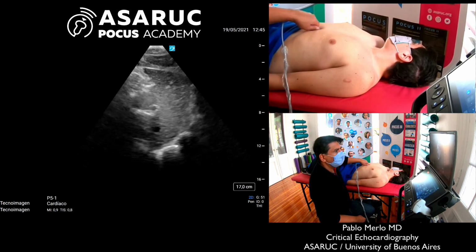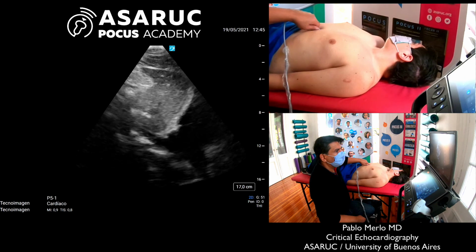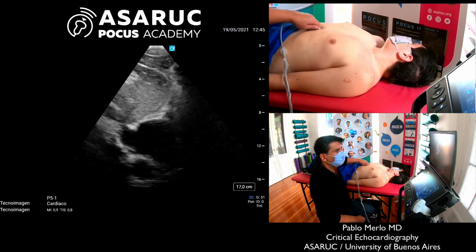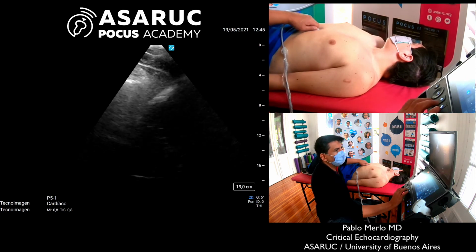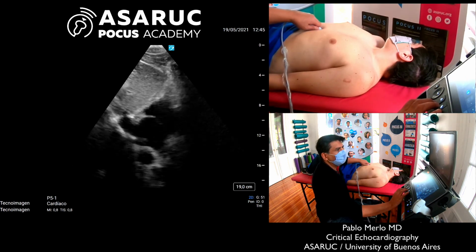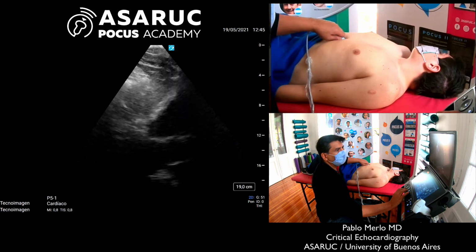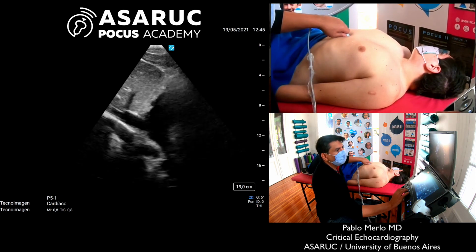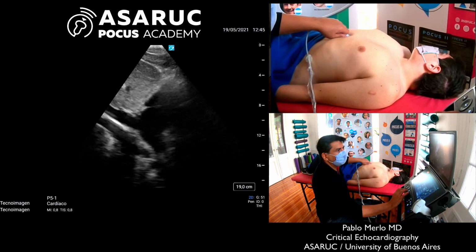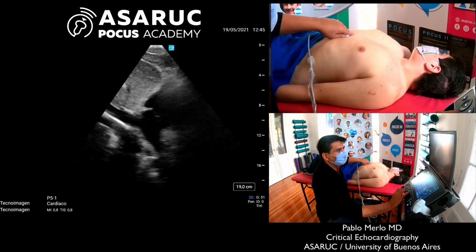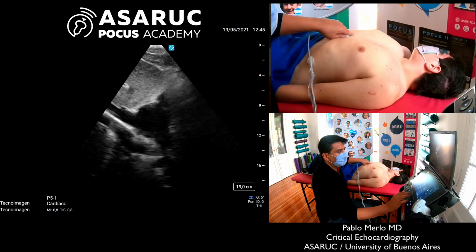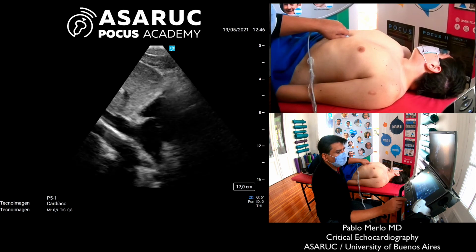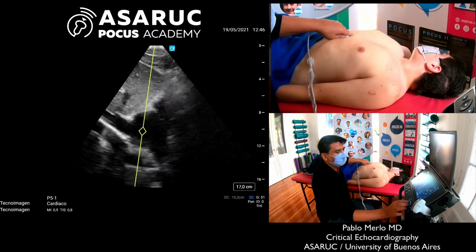When we rotate the transducer to bring the marker up, we'll start to see the left ventricle short axis views, as well as the inferior vena cava, which we can see on the screen. By tilting the transducer, we get this bicaval view, where we can see the mouth of both the superior vena cava and the inferior vena cava.